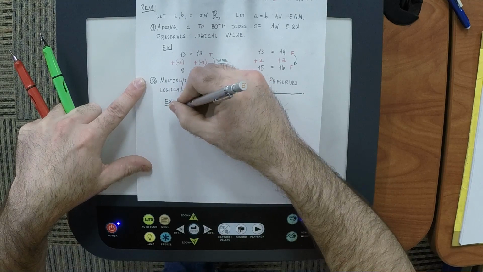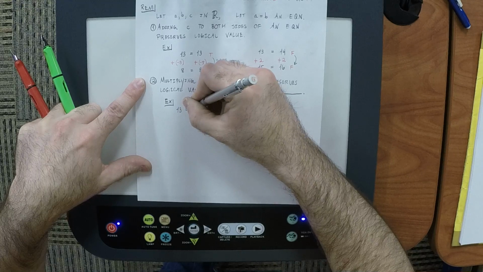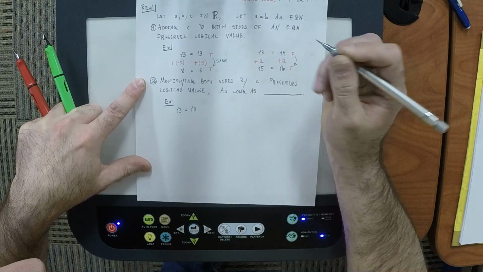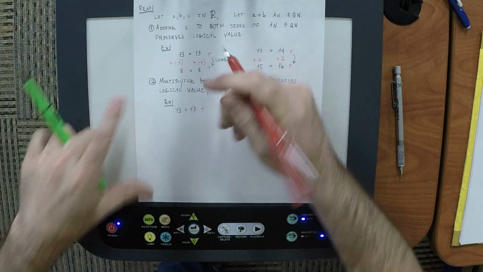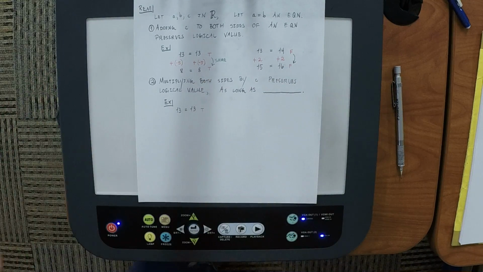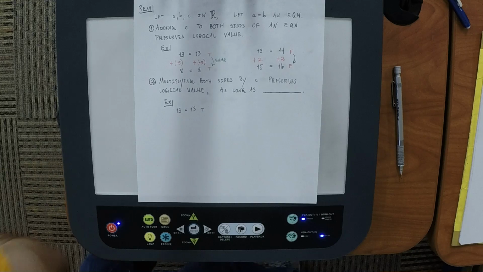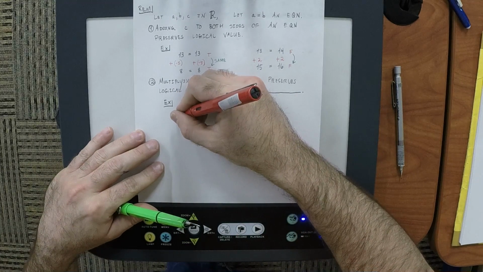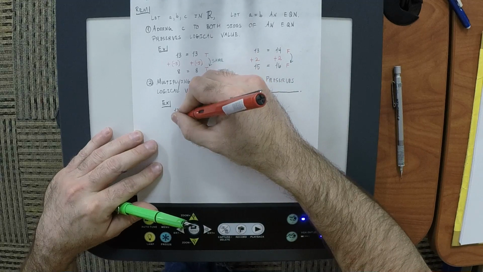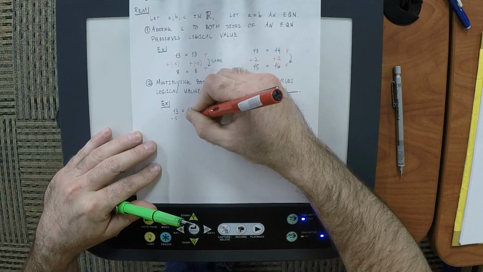Fine. So then 13 equal 13. That's true. And so we could multiply both sides by, I don't know, 5. That'd be neat.